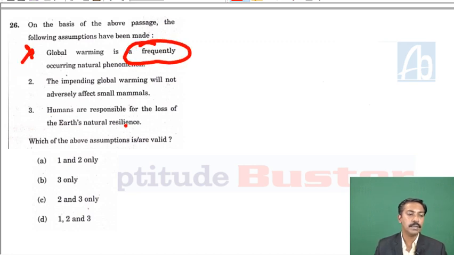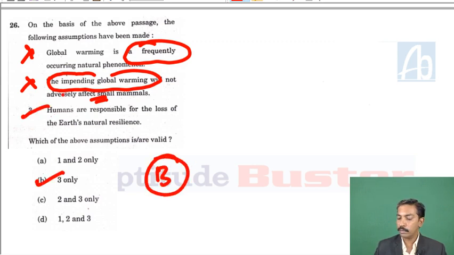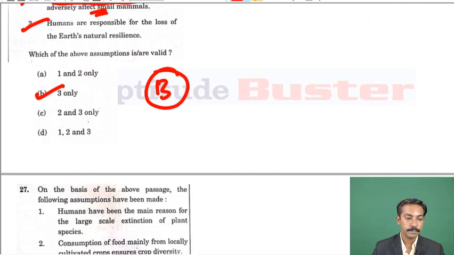Statement 1 is invalid. From the reference, perhaps in the past this hadn't affected small animals. That doesn't make us conclude the impending global warming will not affect small mammals. Statement 2 is also invalid. The right choice is option 3. We do have a reference for this. This dramatic decline in energy flow means modern ecosystems are not adapting as easily as they did in the past. So that's because of human activity. Question number 26, option B, 3 only.